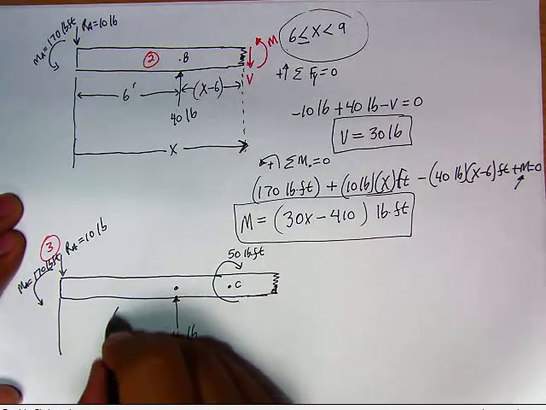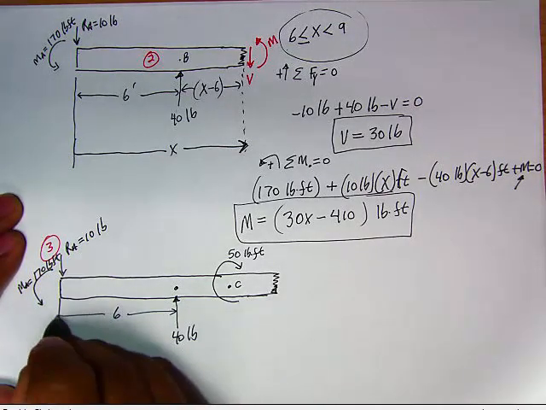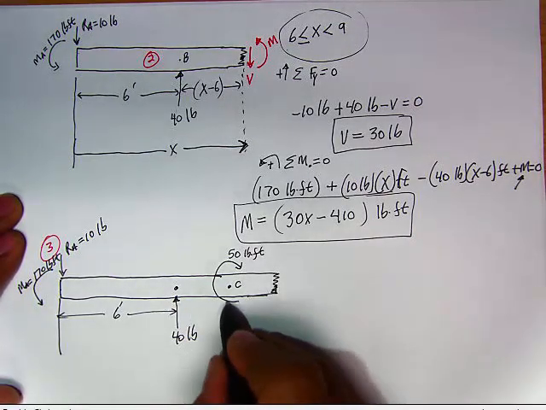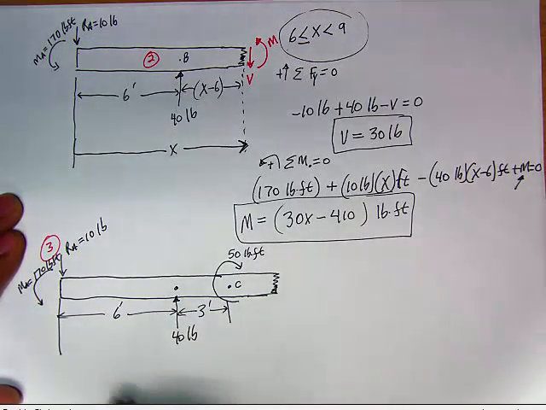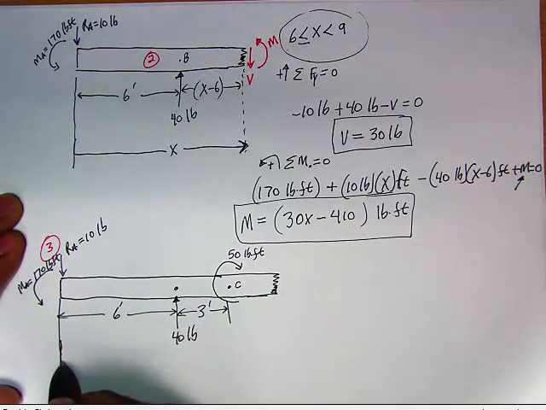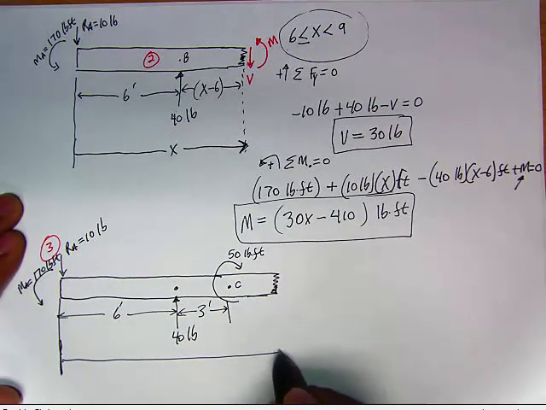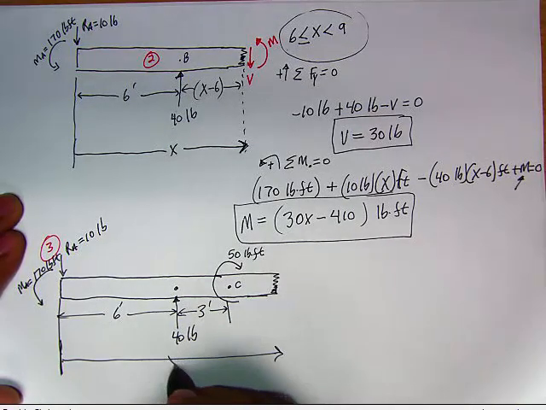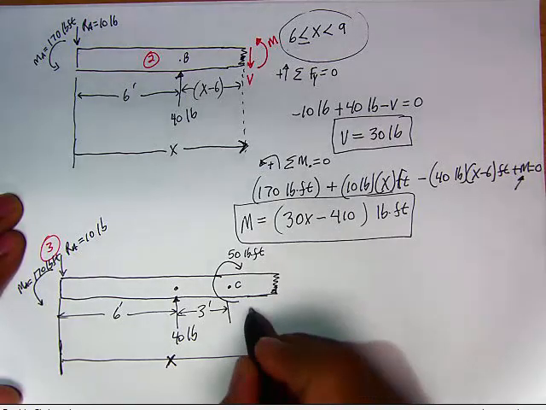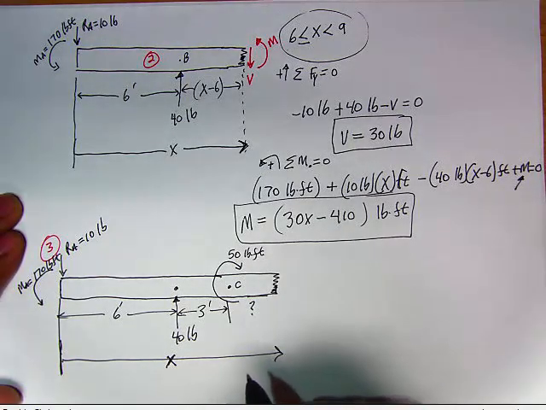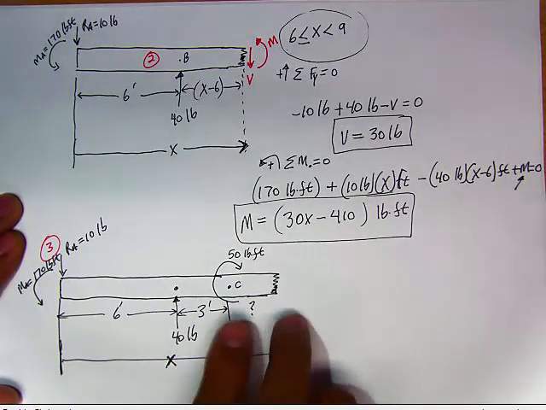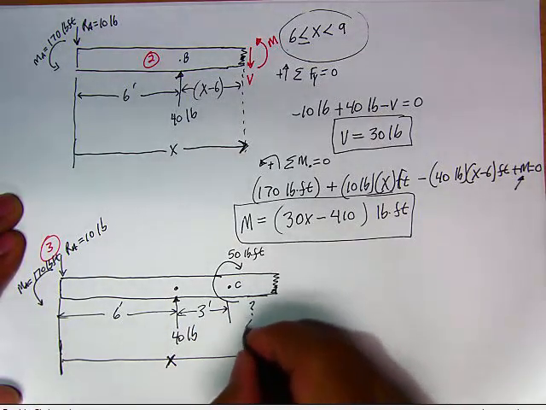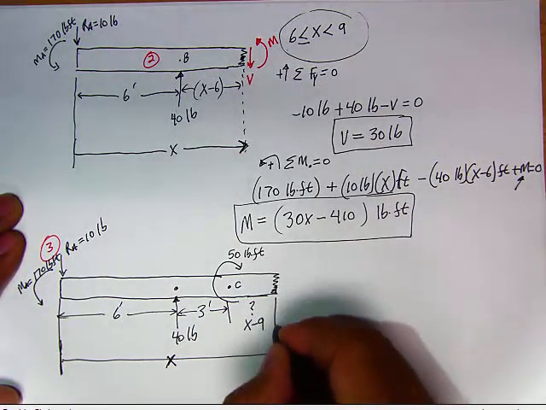Let's draw our dimensions. From here to here is 6. From here to here is 3 feet. And then from the beginning all the way to where we made our cut, we call that X. Which makes this what? Well, if this is 9, this is X minus 9.